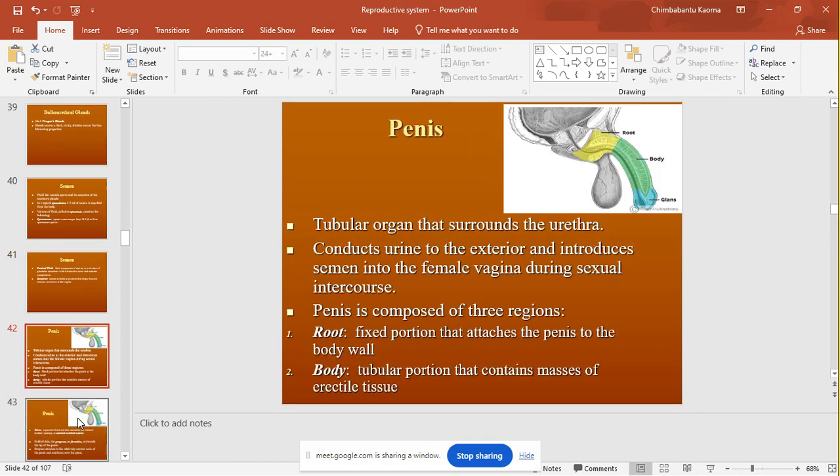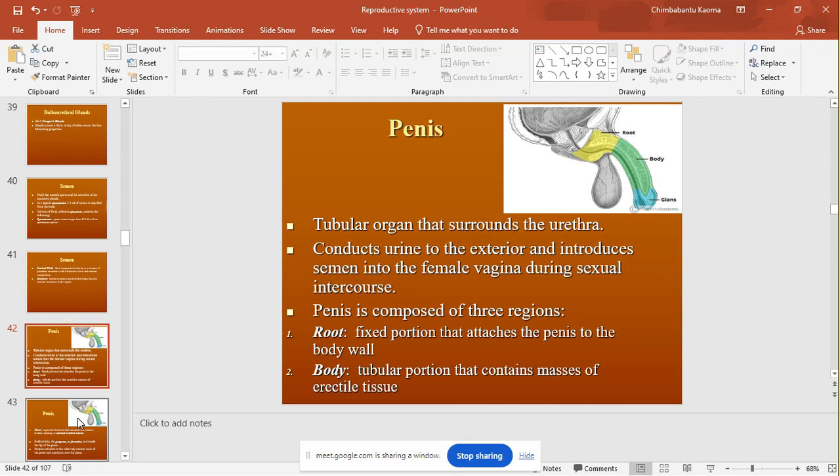So we can also talk about the external genitalia. We've already started when we talked about the scrotum. We can now just conclude by talking about the penis. So the penis is basically the tubular organ that's around the urethra. It conducts urine to the external environment, and also introduces semen into the vagina during sexual intercourse.